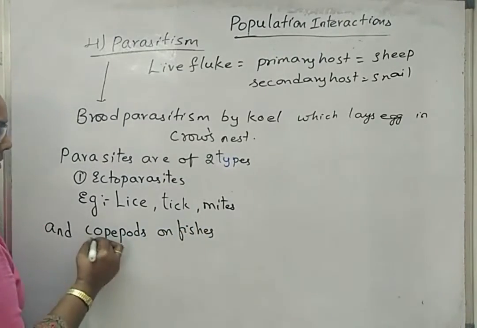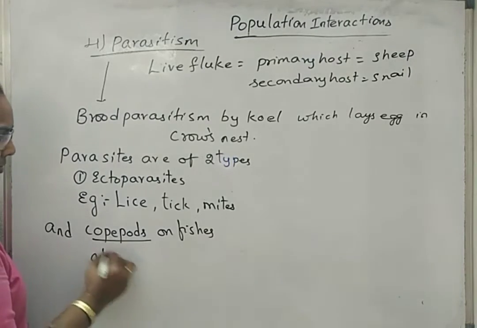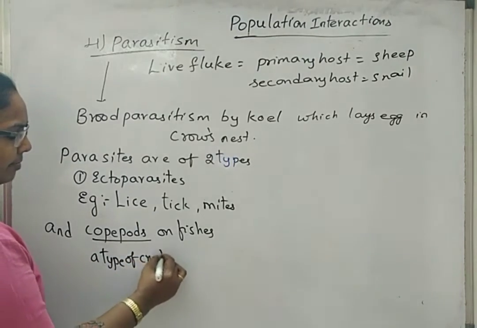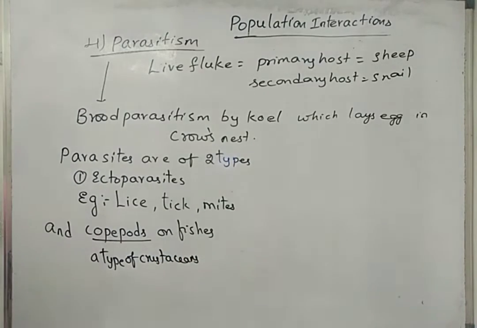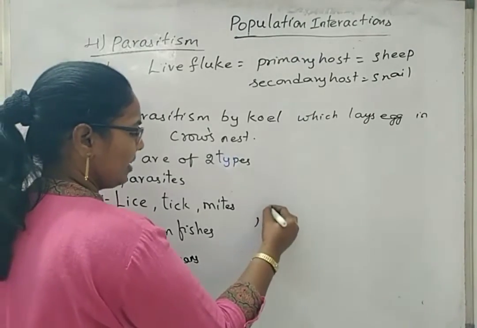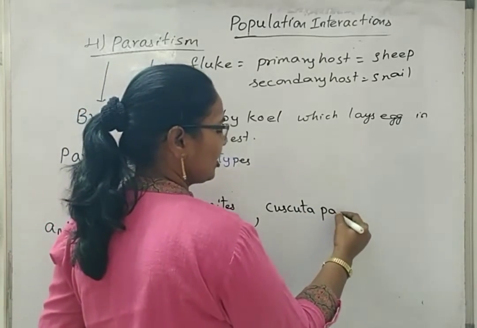What are copepods? These are a type of crustaceans which harm aquatic fishes. Another example is Cuscuta, a parasite on hedge plants.